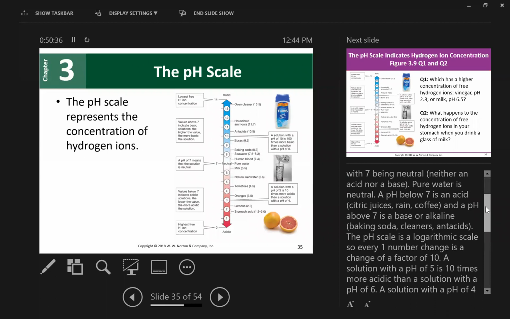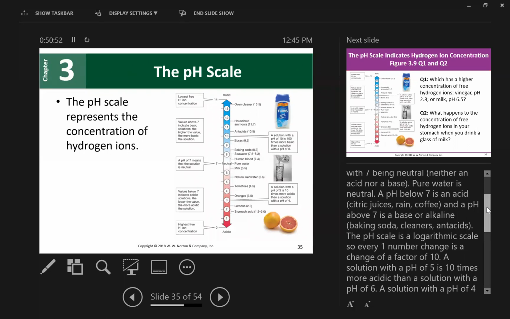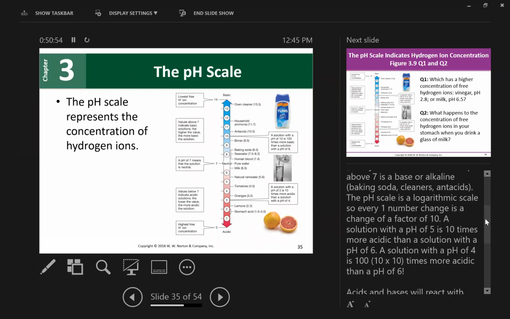The pH scale is a logarithmic scale, so every one number is a change factor of 10. A solution with a pH of 5 is 10 times more acidic than a solution with a pH of 6.